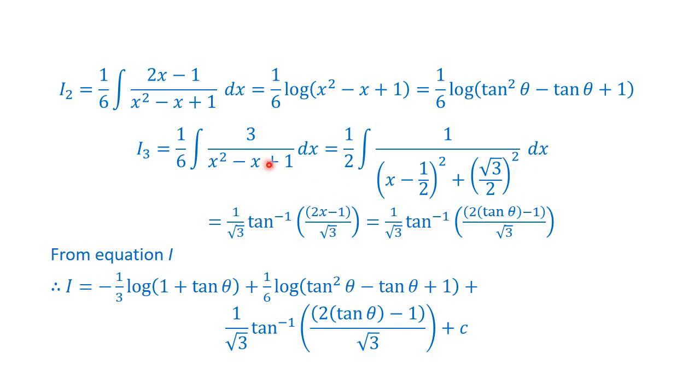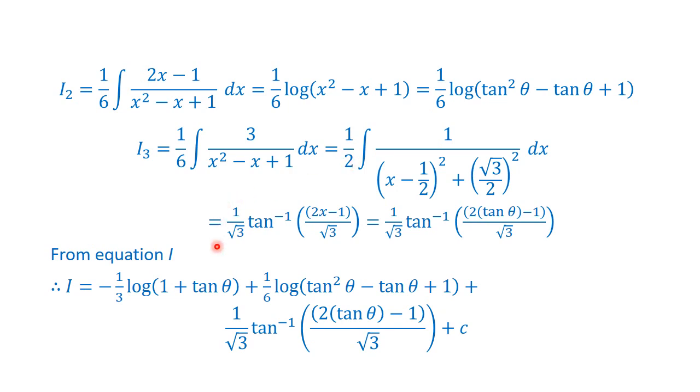It is not too much difficult, okay, you know it. To avoid the steps we have directly written here. Now 1 by root 3, this is one of the standard forms. Which standard form? 1 by x square plus a square, or a square plus x square, and its integration is what? 1 by a tan inverse of x by a, isn't it?